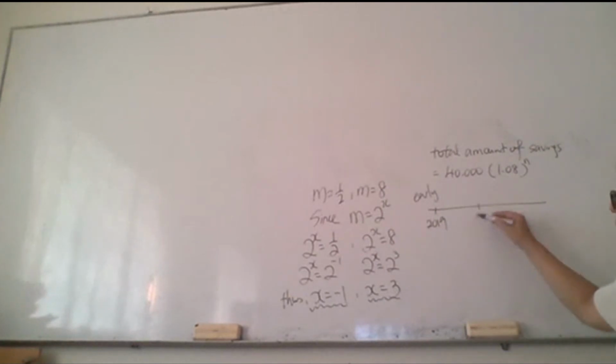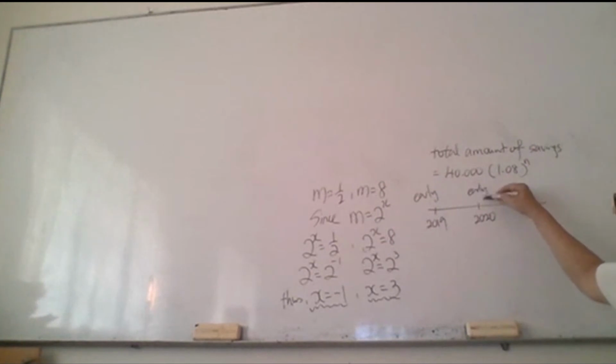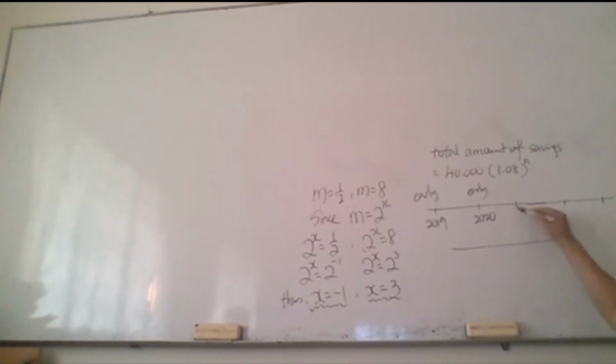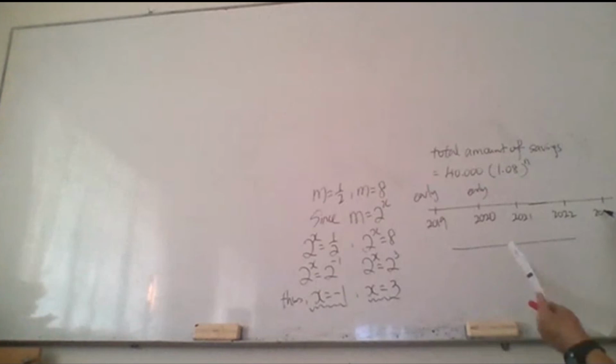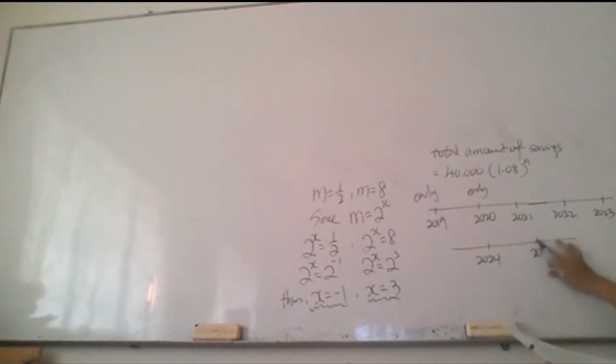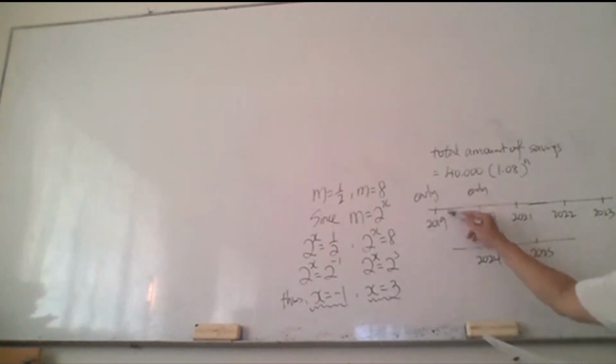And 2020, this is the early part of the year. So we can see how many years they have put in already. So 2021, 2022, 2023, 2024, 2025. Early of one year is called 1 year.